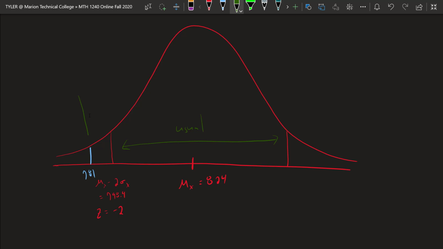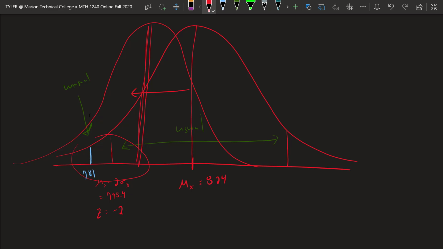But this value is unusual, since it's in that outside 5%, right? So what it seems is this mean that's right at 824, it's likely that maybe this shifted over, where you get a new curve that has a mean closer to this value. So that way, it puts it where it's within 2 standard deviations, right?